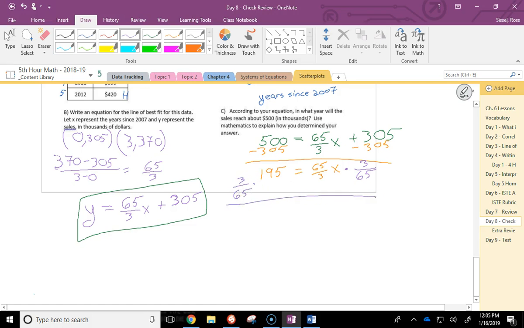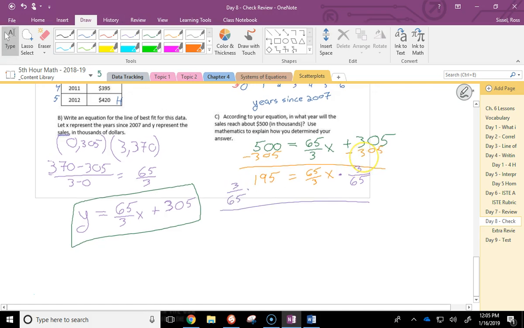Because 65 thirds times 3 over 65, those end up canceling each other out and give you just 1. So I'd have x equals 195 times 3 is 585, and we divide it by 65. This one came out even. It equals 9.